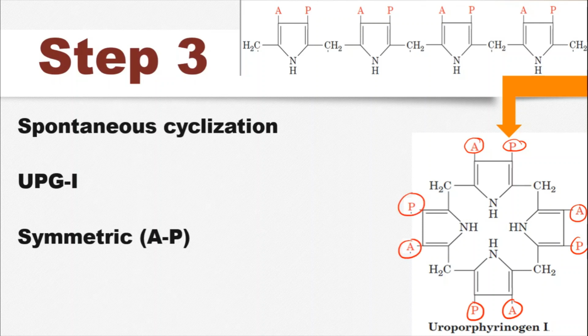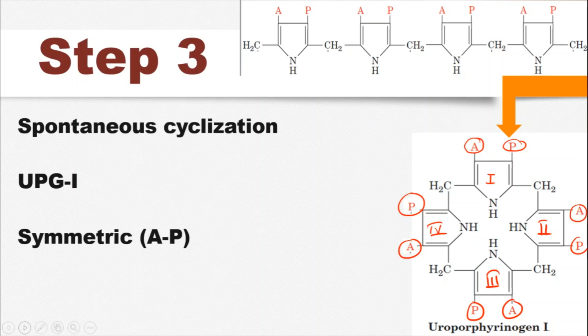So all are symmetrical. The orientation or the arrangement in all the rings of the tetrapyrrole are symmetrical. This is ring number 1, this is ring number 2, this is ring number 3, and this is ring number 4. So when the arrangement is symmetrical, this is called UPG1.